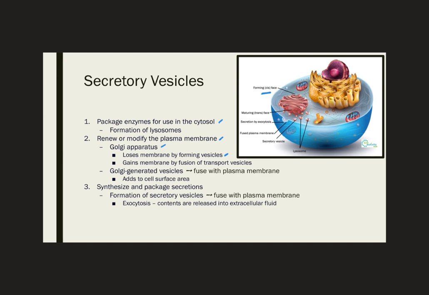We will talk more about endocytosis later, but when endocytosis occurs, molecules are going into the cell, so they're bringing part of the membrane into the cell, and therefore the cell loses part of the cell membrane.